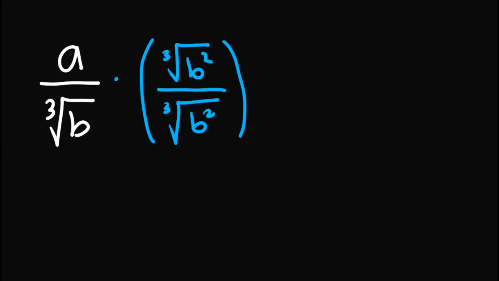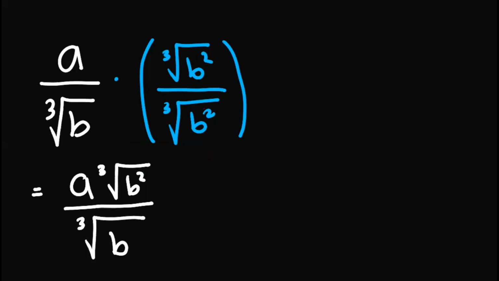Again, why did we multiply this? Since if we had the exponent out here 1, let's put it down here, 1 plus 2, that is equal to 3. So we'll be able to cancel the radical. So we have the numerator a cube root of b squared all over cube root of b raised to 1 plus 2.